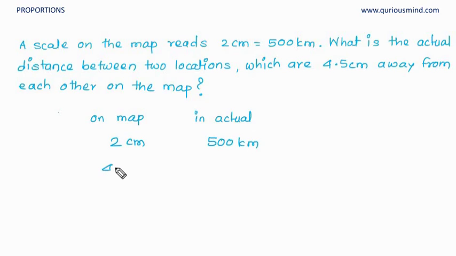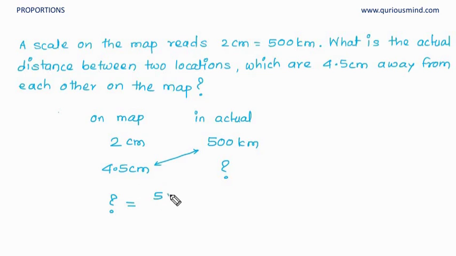On map 4.5 centimeter is how much? The question mark here. So in this case, always, the question mark is equal to these two diagonally opposite numbers multiplied.